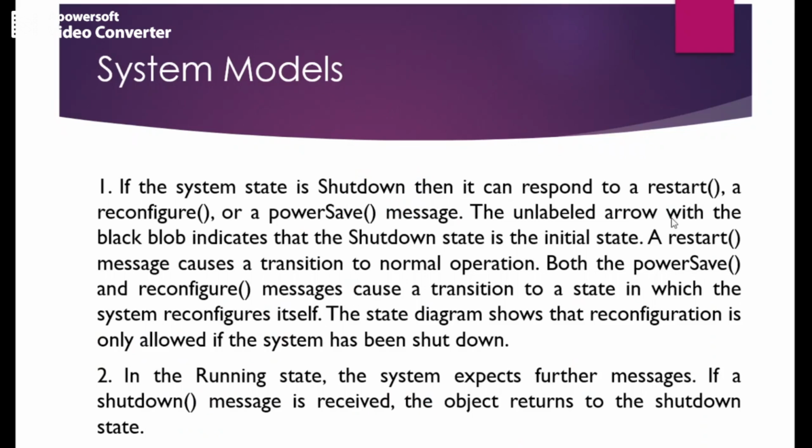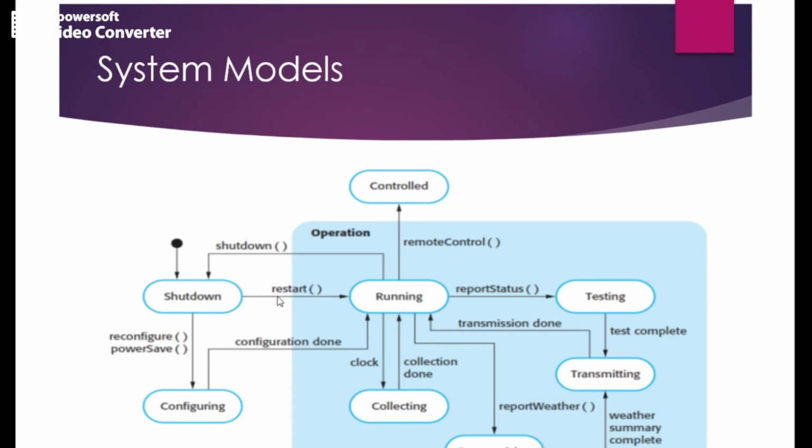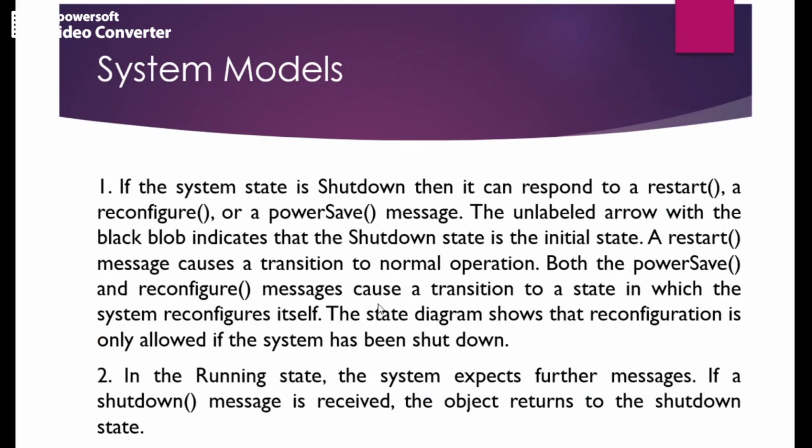Okay. The unlabeled arrow with the black blob indicates that the shutdown state is the initial state, which I have told. A restart message. Can you see here a restart message? So once this state receives a restart message, what happens? Yeah, the state of your system will be moved to running state. Running state means what?